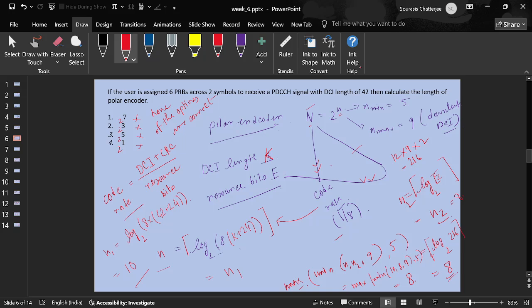Okay, let it be resource bit as of now, but don't confuse it with the E here, which is the resource bits allocated for the transmission of the PDCCH signal. Here you can call it a pseudo resource bit, in the sense that it is not the actual resource bit, it's the number that denotes the number of bits you need to generate to satisfy the mother code rate.